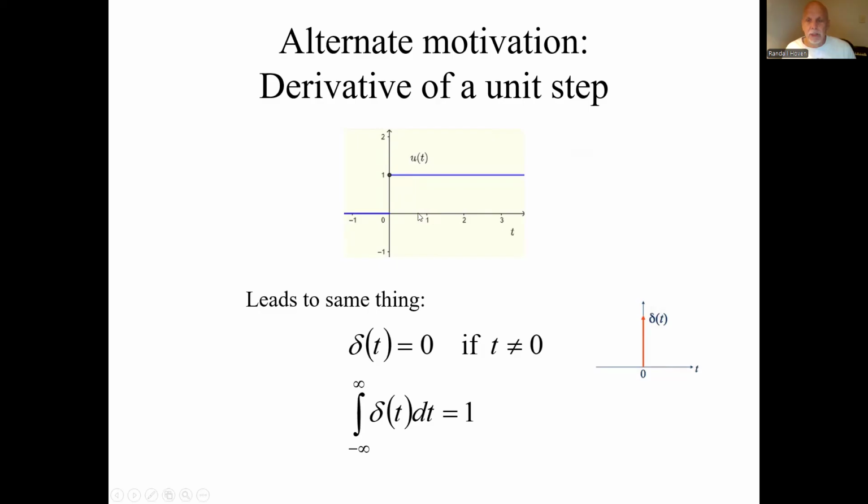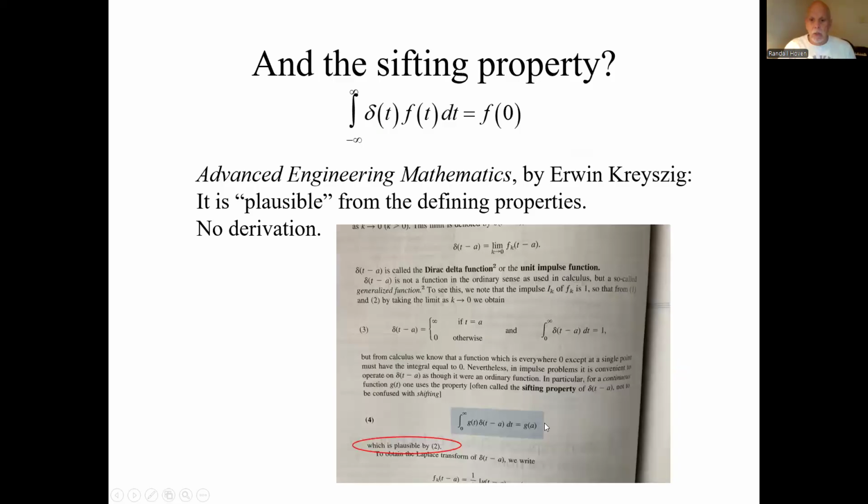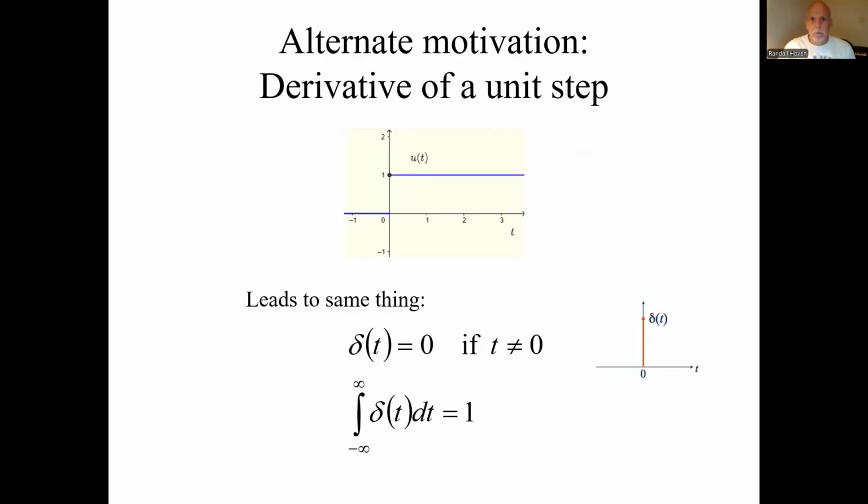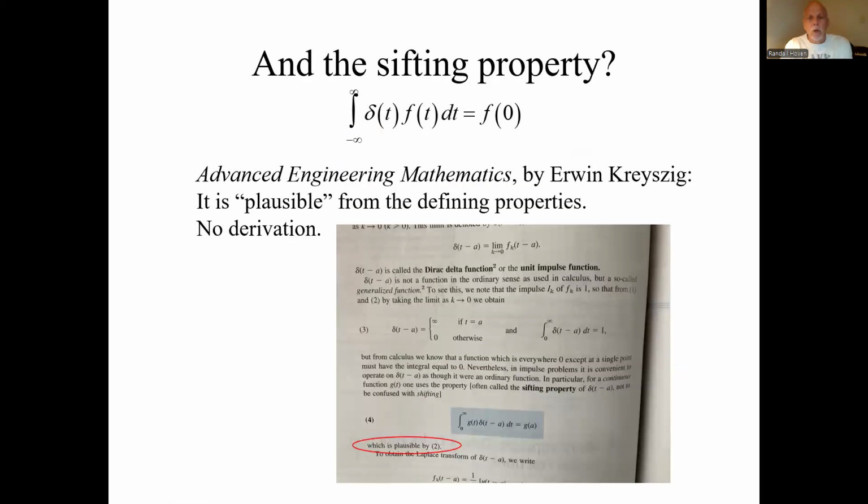And if you integrate this guy, it integrates to 1, as long as your integral contains t equals 0. So again, just these two properties, and from there, we go off to the races, maybe.